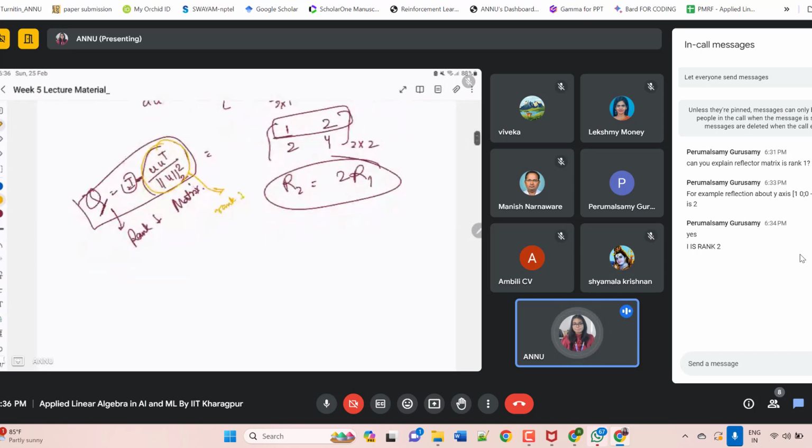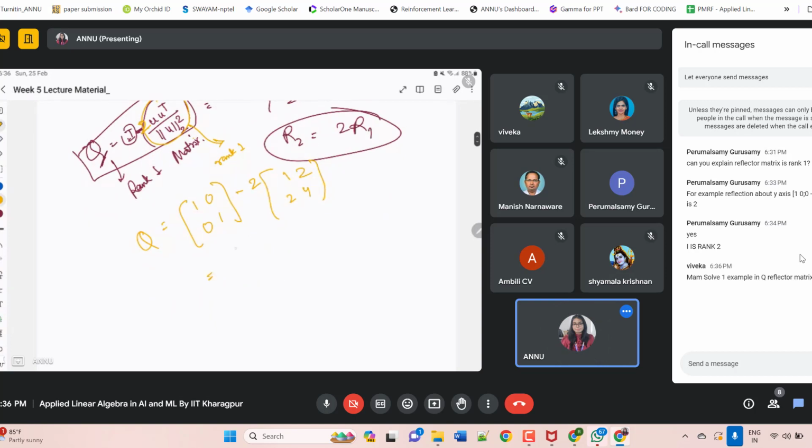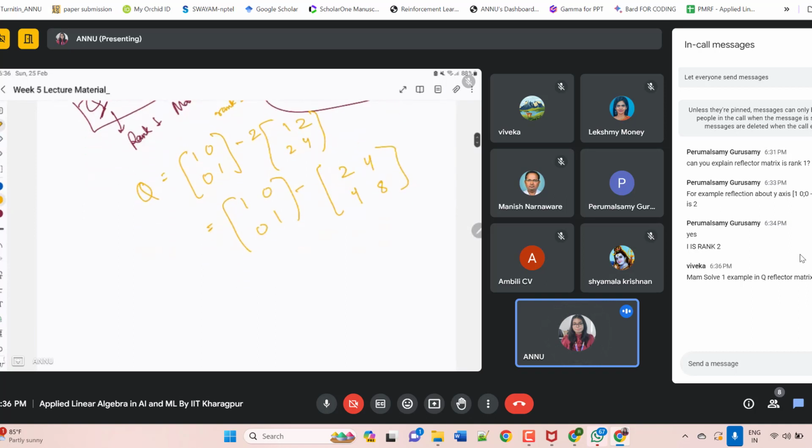Then Q is equal to, suppose you have 1, 0, 0, 1, and let's see this example only, multiplied by 2, with 1, 2, 2, 4. Then 1, 0, 0, 1 minus 2, 4, 4, 8, because that will be the same.